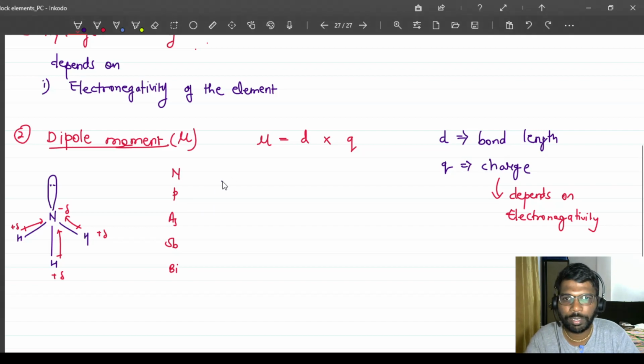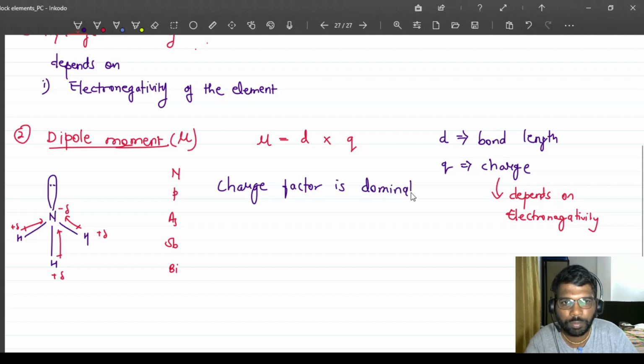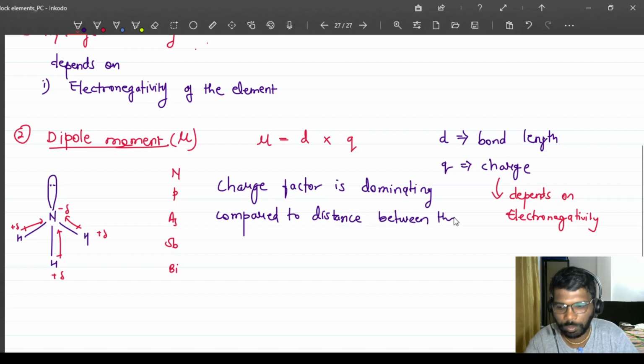The charge factor is dominating compared to the distance between the charges.